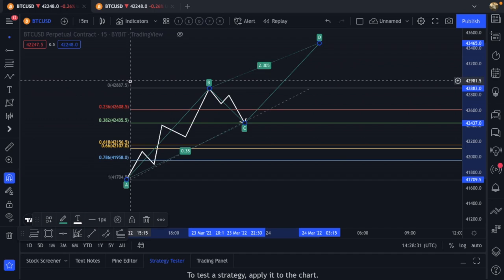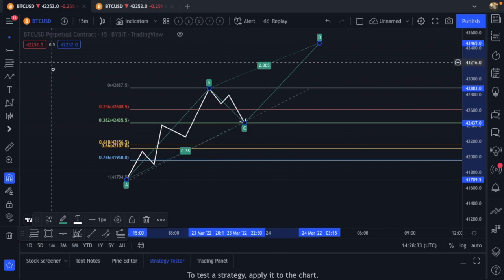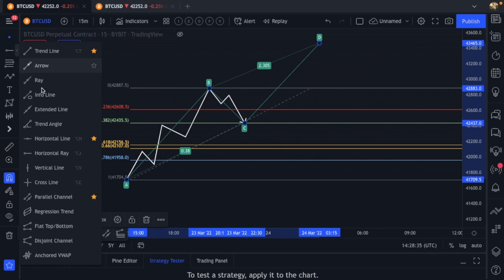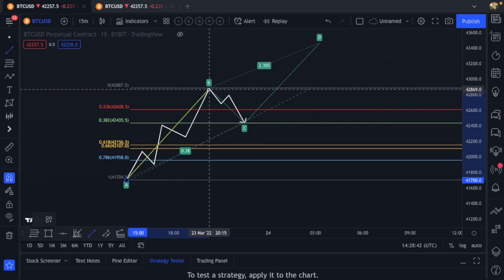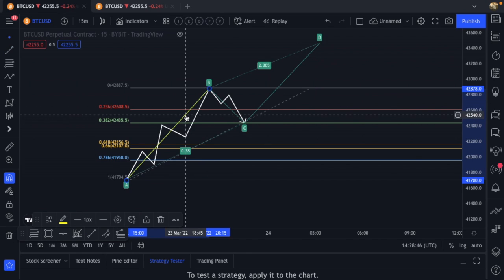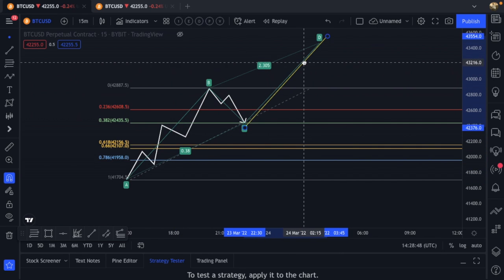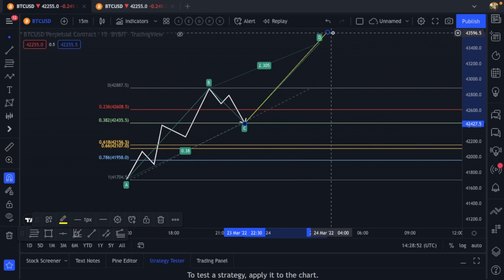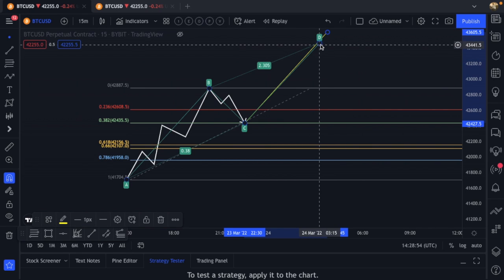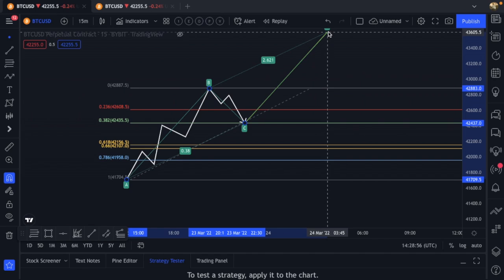It doesn't have to be. But what we would do here is get ourselves a trend line, start here at A, take it up to B, and then we're going to grab this trend line and move it, and place it at the bottom of C, and this is going to be our equidistant projection.